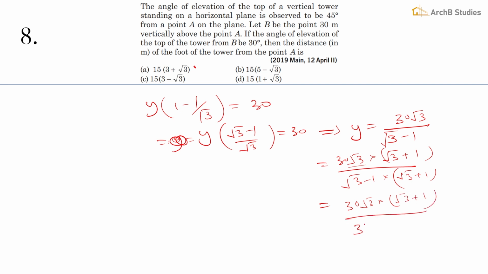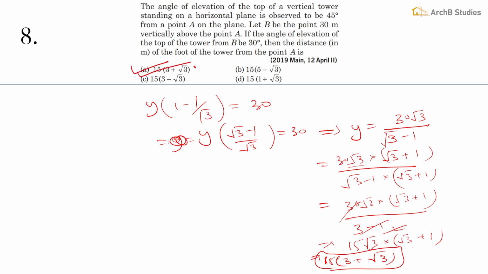This will become 3 minus 1, which is 2. So 15 root 3 into root 3 plus 1, which is 15 into 3 plus root 3. This will be the right answer.